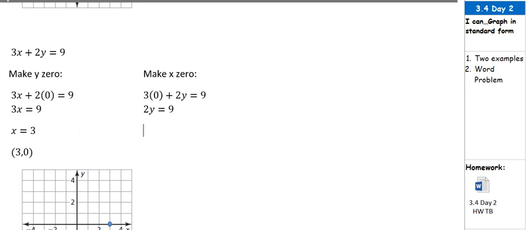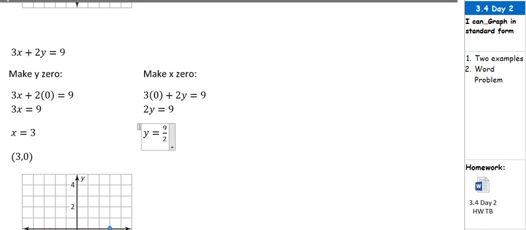If I divide both sides by 2, I get y equals 9 divided by 2, 9 halves. Which when I simplify that fraction, really gets me 4.5.